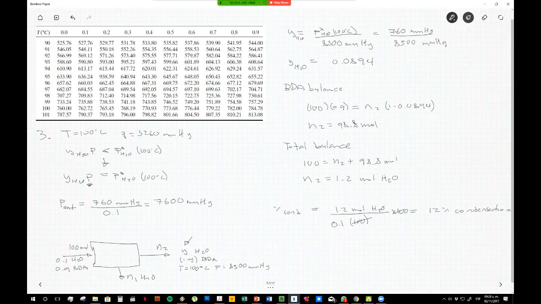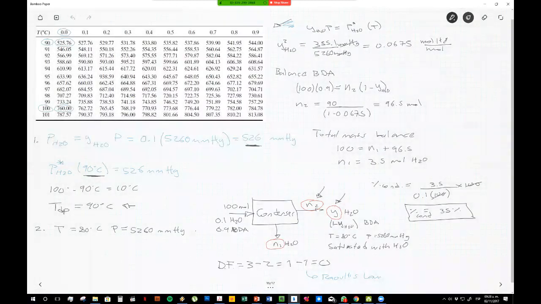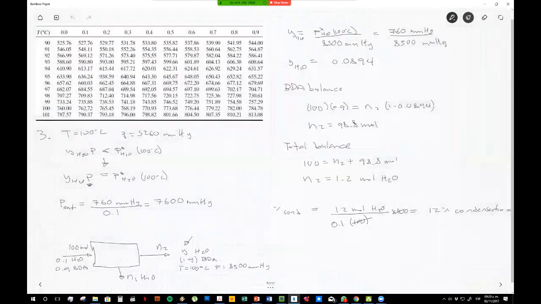So if you compare the two values, the one in the previous page that we obtained as 35% of condensation, and the one that we obtained just right now, that is 12% of condensation, you can see that, for example, it is a lot easier to condense water by lowering the temperature instead of raising the pressure, right?